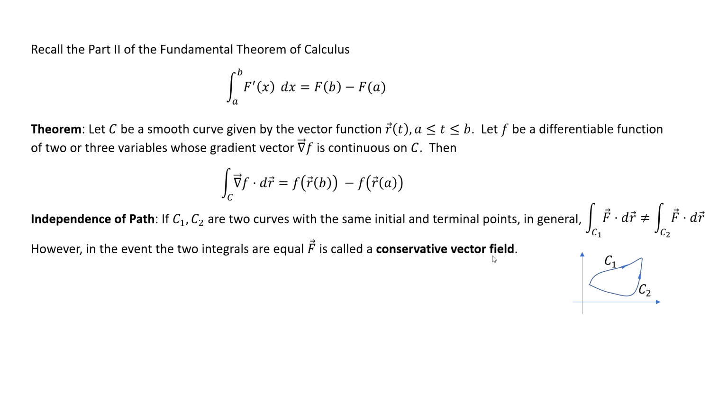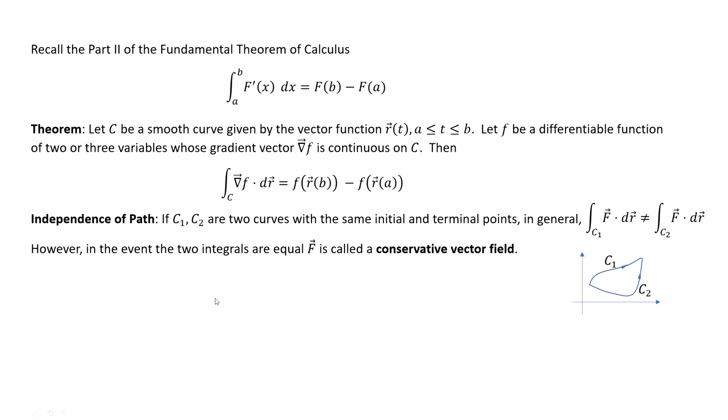And you will bump into conservative vector fields in both physics and engineering courses. For instance, I wonder if work is conservative. Like, it doesn't matter which path you take, right? If you're climbing up a hill, does it matter which path you're taking to express how much work you've done? Nope.